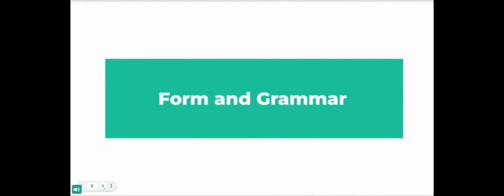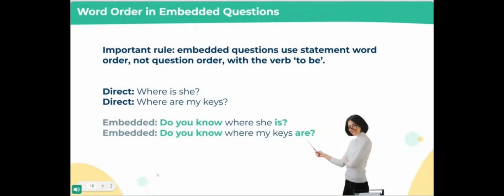Well, let's move on to the next part here. It's all about form and grammar. So, word order in embedded questions. This is an important rule. Embedded questions use statement word order, not question order with the verb to be. Direct: where is she?